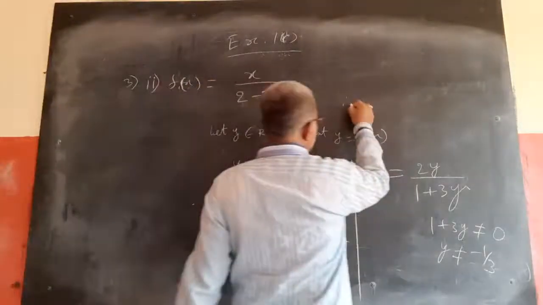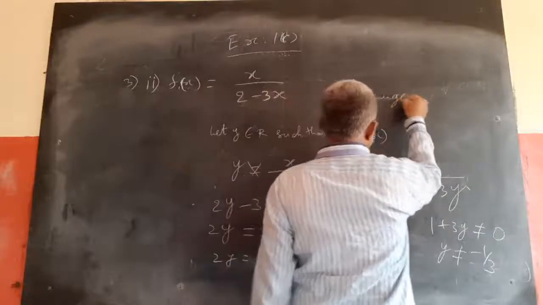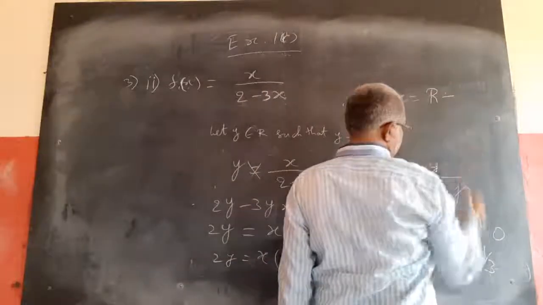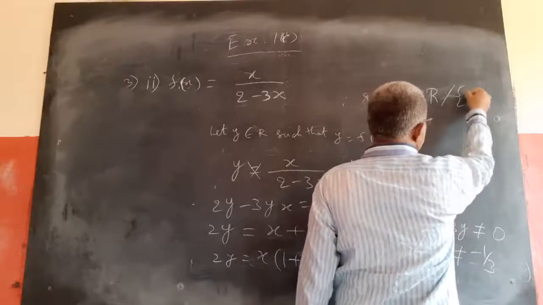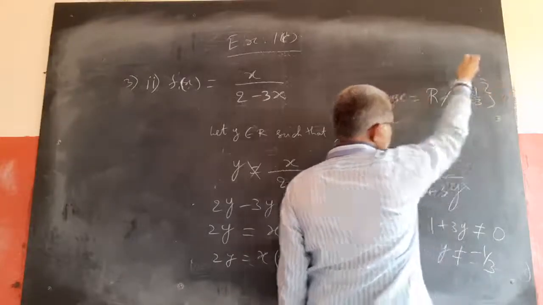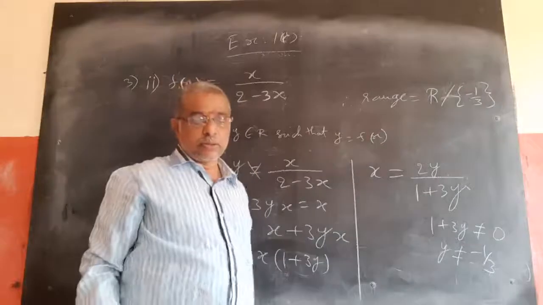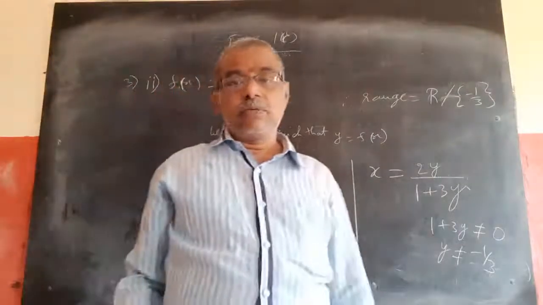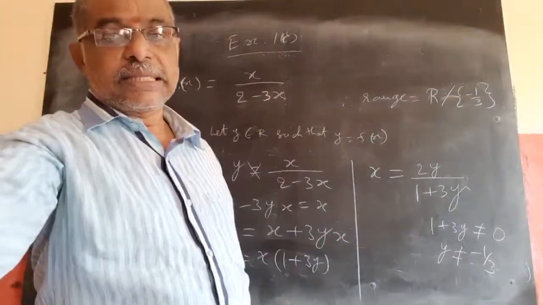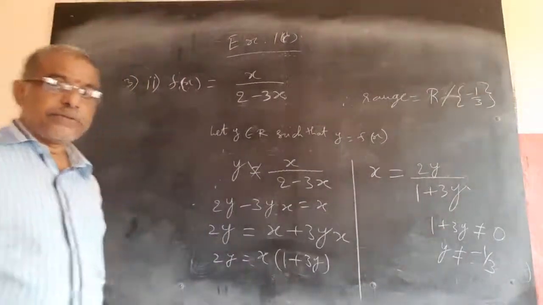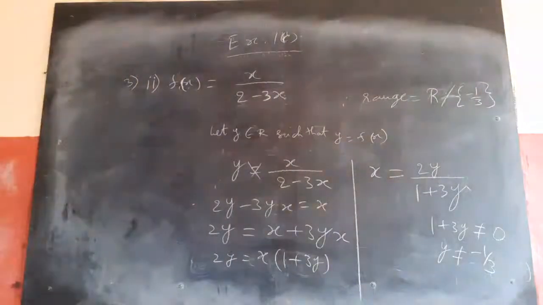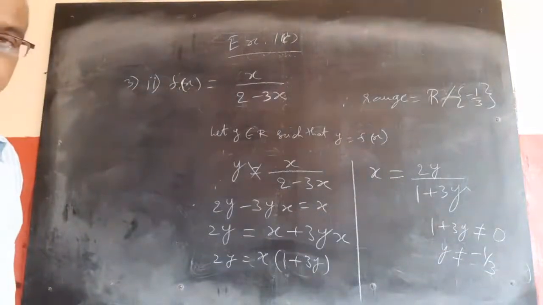Therefore the range equals R minus 1 by 3. Like this we will find domain and range.